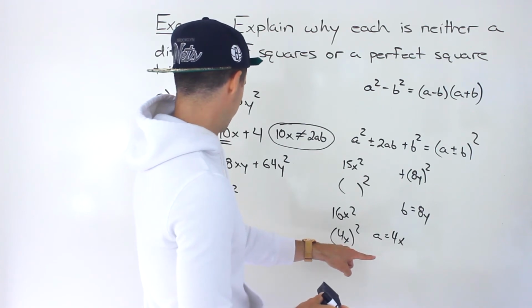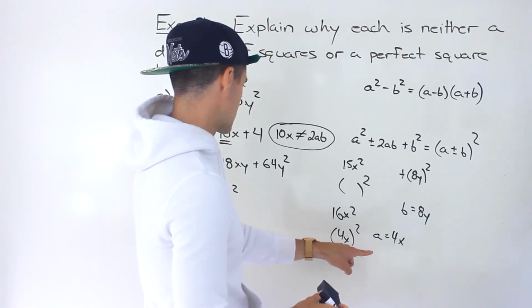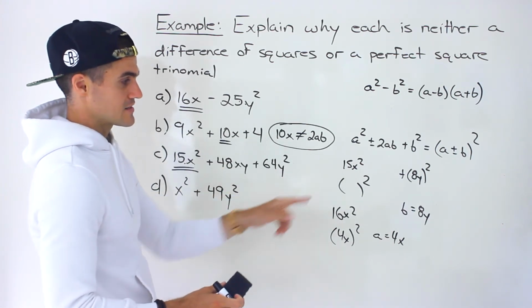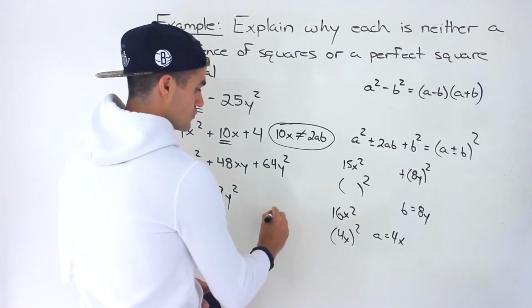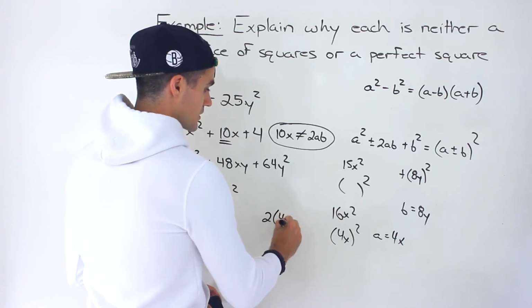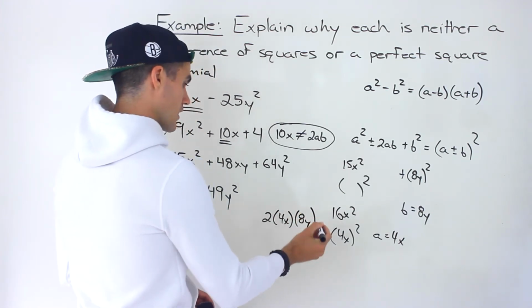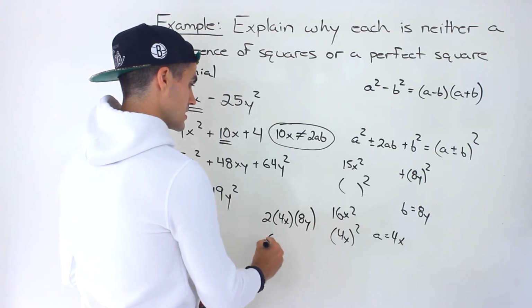But then, give me a sec, but then the middle term wouldn't satisfy that, right? Because we'd have to have 2 times the a value, which is 4x, times the b value, which is 8y. And that would give us 64xy.